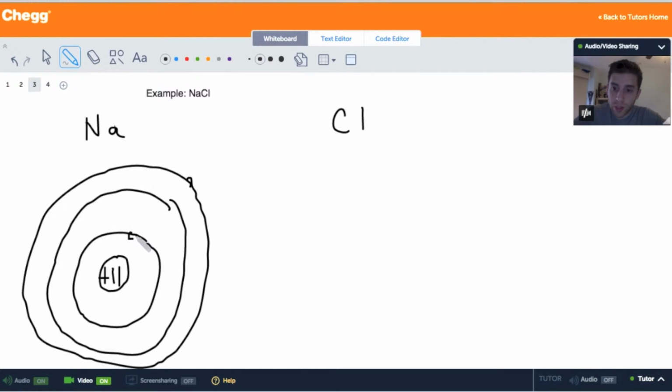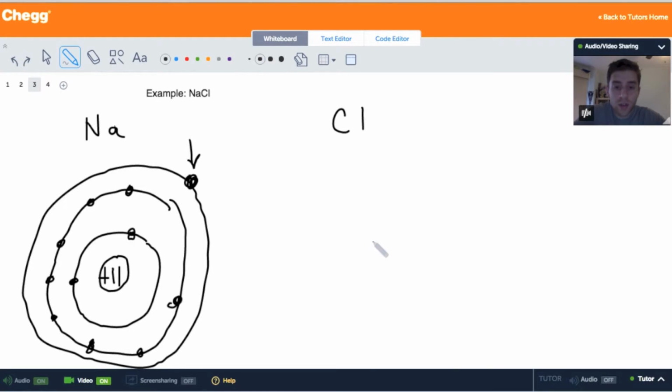So the first shell will have 2, the next will have 8, that's 10, and then it has 11, so we'll put 1 on the outermost shell. So you can already see that if it loses this valence electron here, it then goes down a shell and has 8 valence electrons, which is a stable octet. That's the most stable form of an atom.